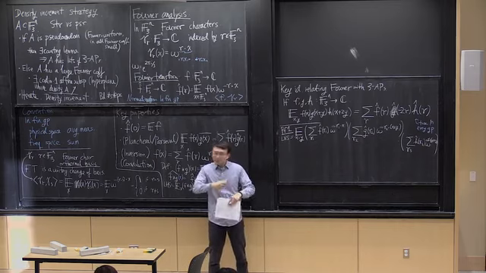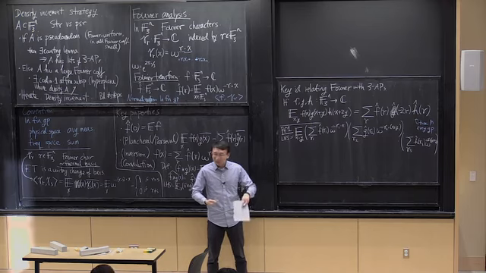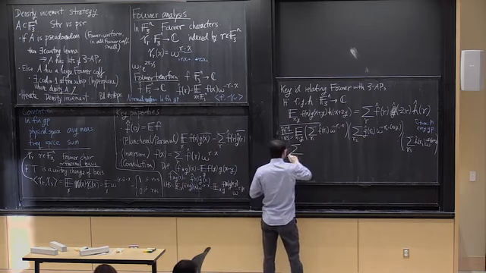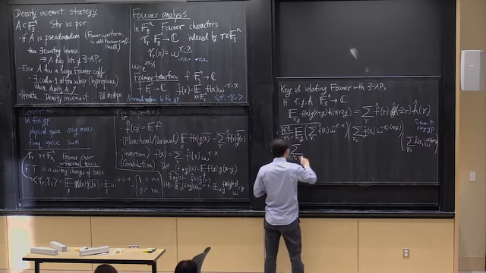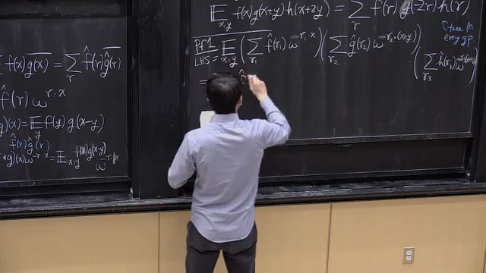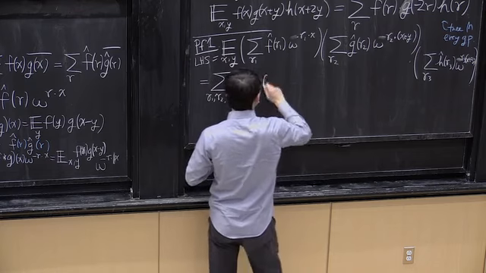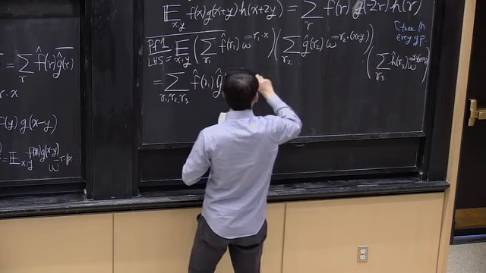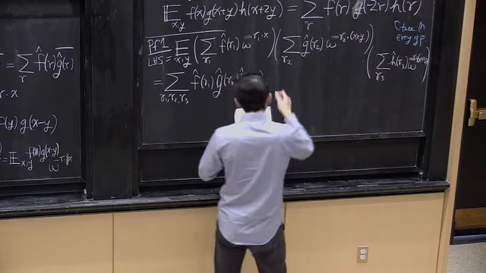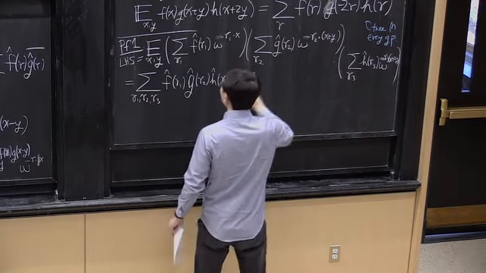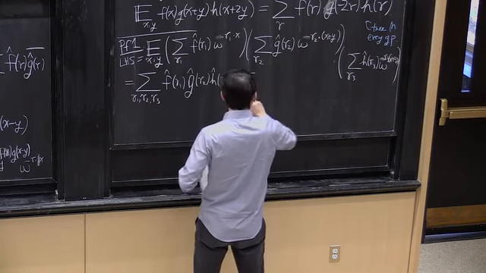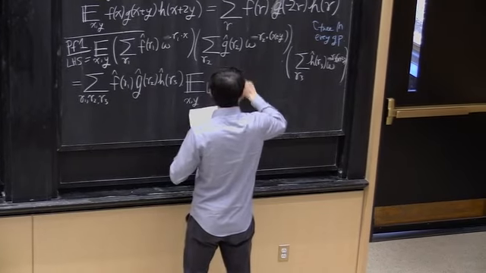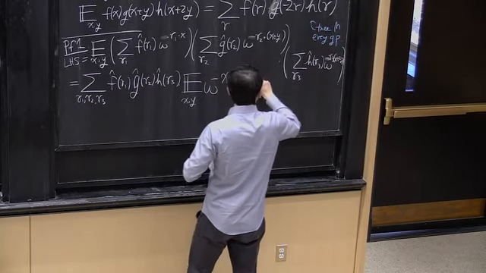Okay, so now we exchange sums and expectations, doing a switch in the order of summation. So you have r1, r2, r3, and f hat of r1, g hat of r2, h hat of r3, and this expectation over x and y of omega of x dot (r1 plus r2 plus r3).